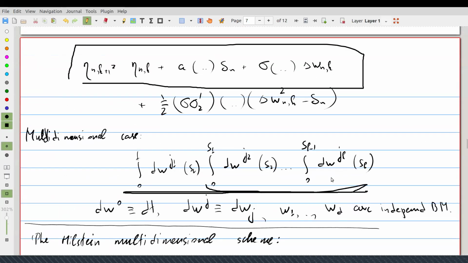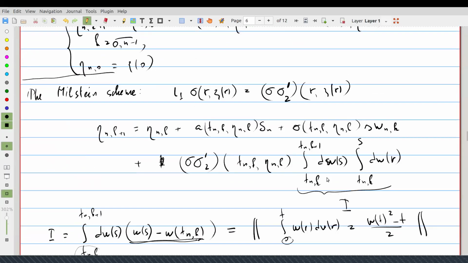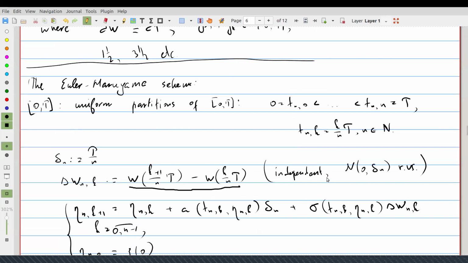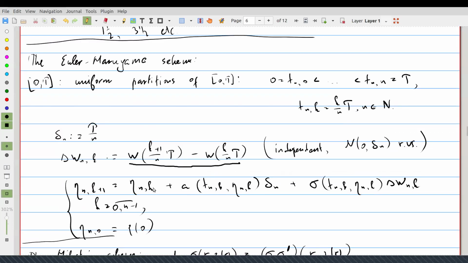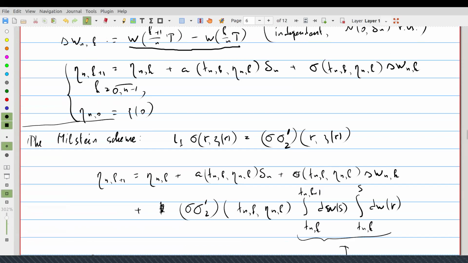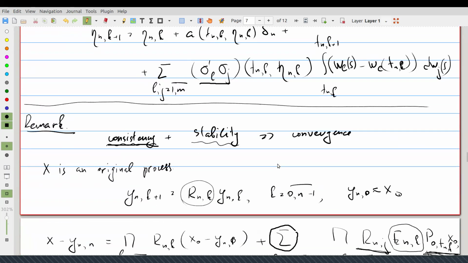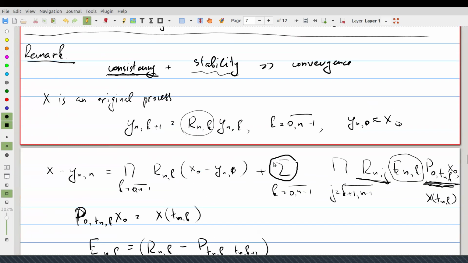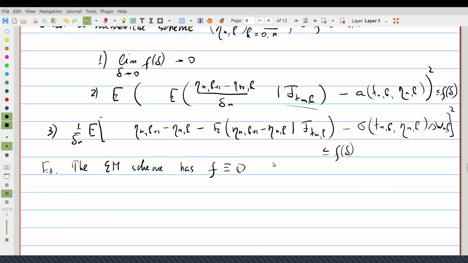So it's not immediately clear why we get, for instance, for the Euler-Maruyama scheme, something good, because it seems that it's of first order only locally. It still is going to converge, and we are going to establish a good rate of convergence in the L2 sense and also pathwise.